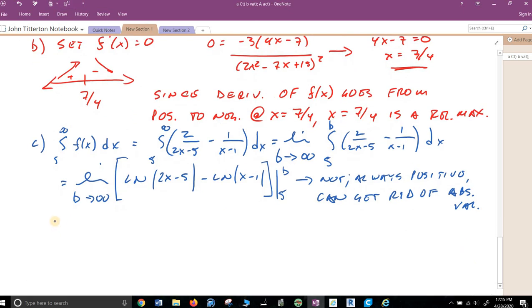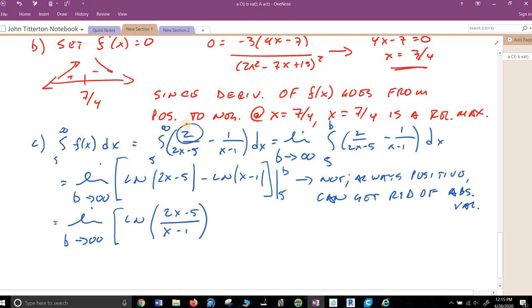So, let's do a little algebraic stuff. ln of 2x minus 5 over x minus 1. By the way, when I did the integral, if you're wondering what happened to this 2, chain rule.